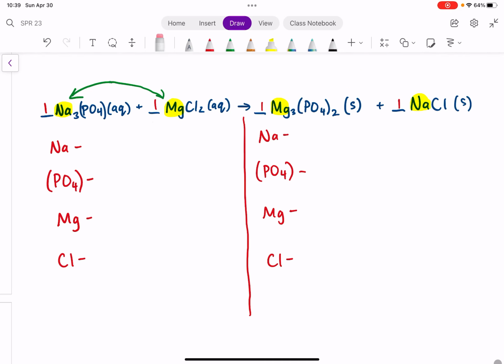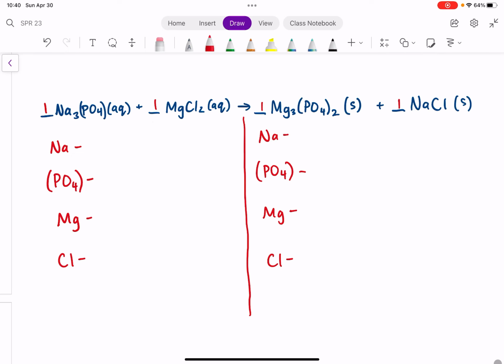Your sodium was originally bonded with your phosphate and your magnesium was bonded with your chlorine. And now on the right side, you've got magnesium with phosphate and your sodium with chlorine. There's an actual name for that kind of reaction, and we'll talk about what that is, but it's kind of interesting. Okay, so that was just a side note.